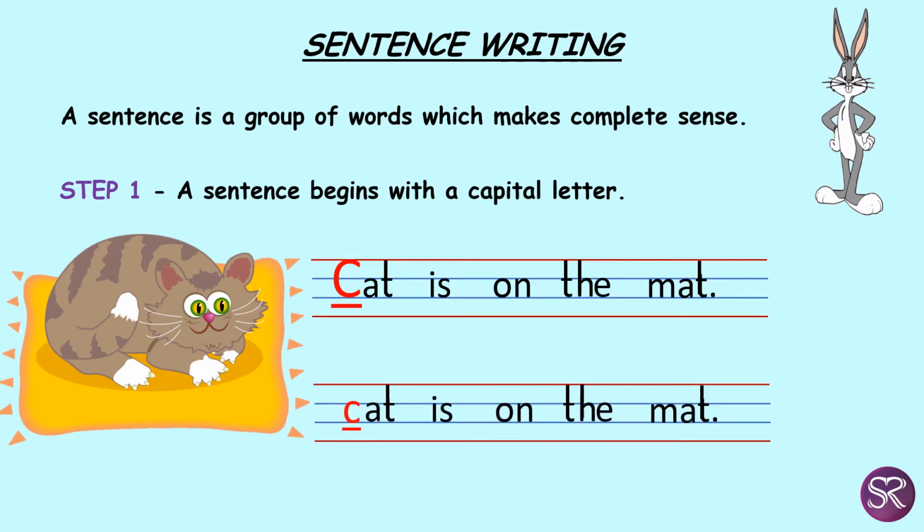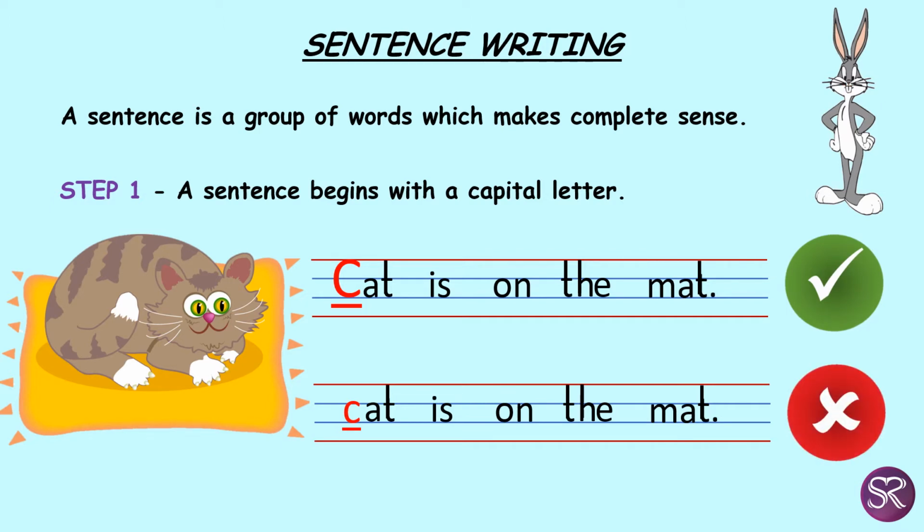But here in the second sentence, C is written small. So what is the first step we have learned? That a sentence begins with a capital letter. Then which one is correct? Yes, the first sentence is correct. And the second one is wrong.